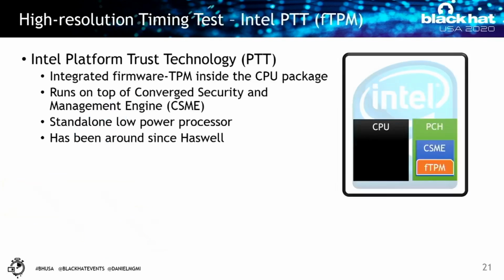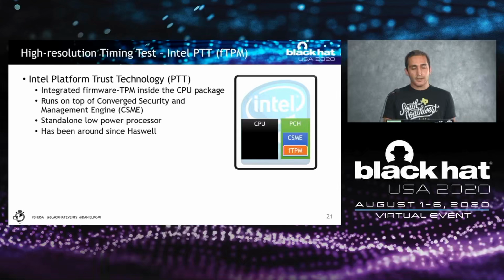So one of these devices that we looked at initially was called Intel Platform Trust Technology, or Intel fTPM. The idea of Intel fTPM is that they have implemented the TPM features as defined by TCG as a module that runs on the CSME, or management engine, inside the same die as the CPU.